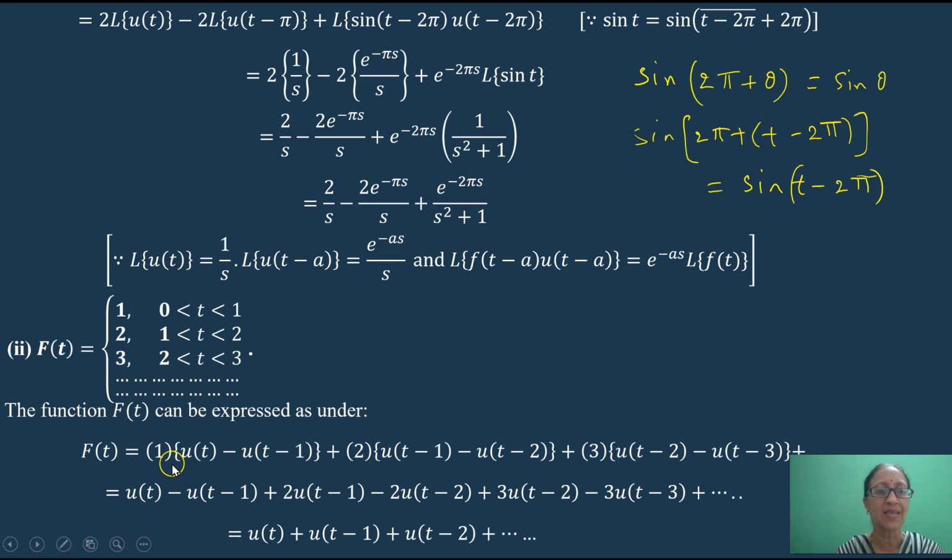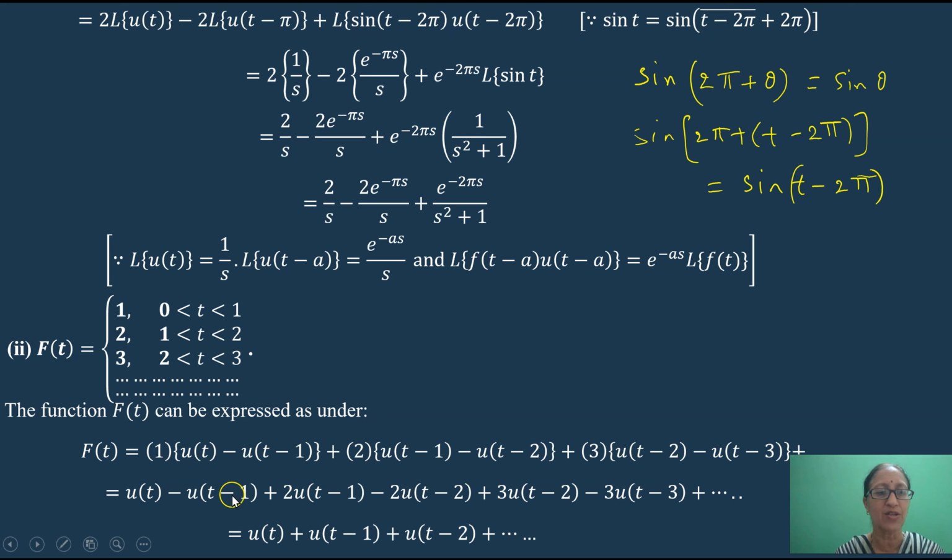Now if you simplify this, you get u of t minus u of t minus 1 plus 2 into u of t minus 1 minus 2 into u of t minus 2 plus 3 into u of t minus 2 minus 3 into u of t minus 3 plus so on. So here u of t plus, if you observe this, 2 into u of t minus 1, here minus u of t minus 1.